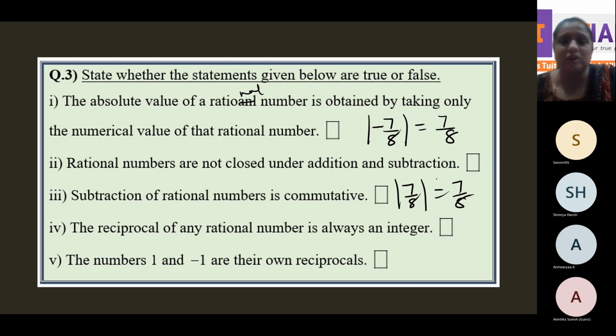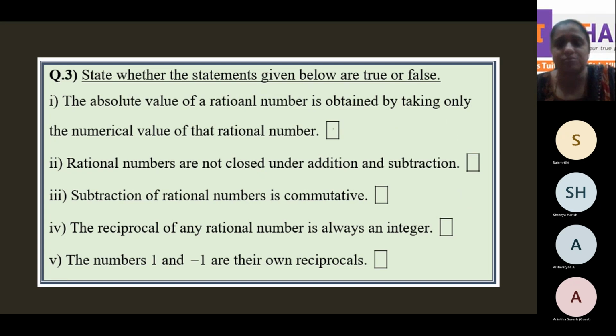So absolute value is always positive. If you want to read something as absolute value of, you should use this symbol. Absolute value of -3 is 3. So the first statement is true. Second one.